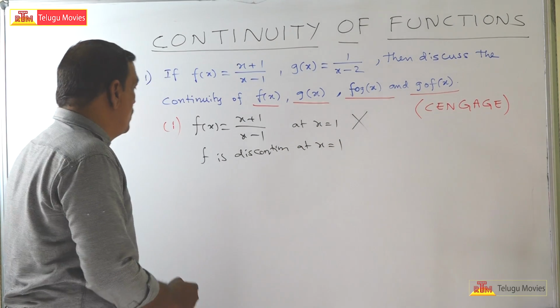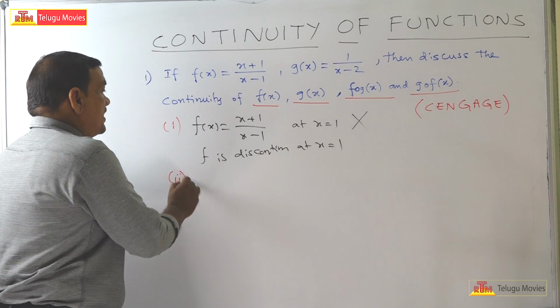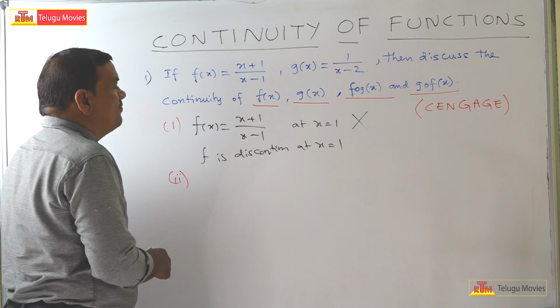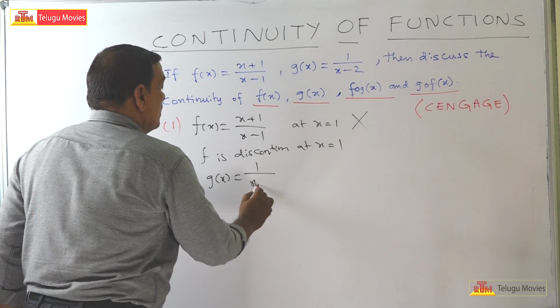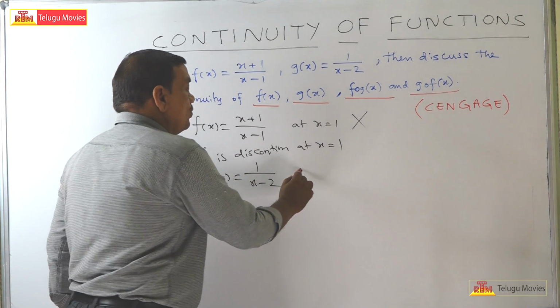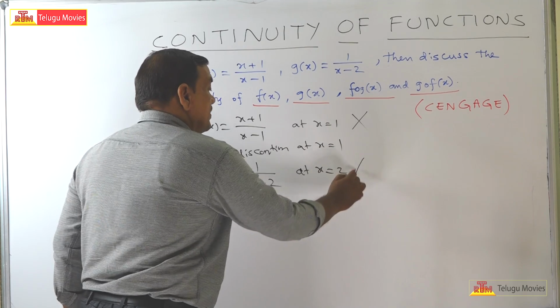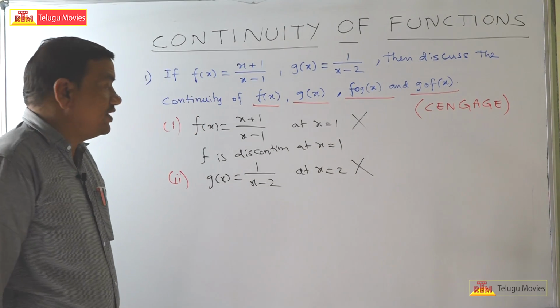Very clear. Now coming to the second one. What is the second one? g of x is equal to 1 upon x minus 2. Clearly at x is equal to 2, the function is not defined. Why? Because 2 minus 2 is 0, the denominator is 0.